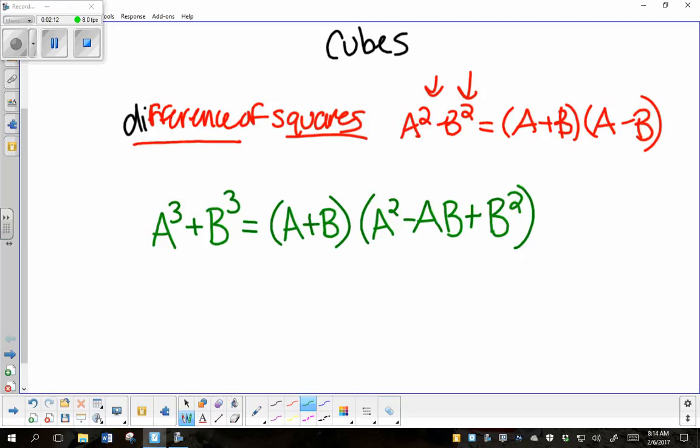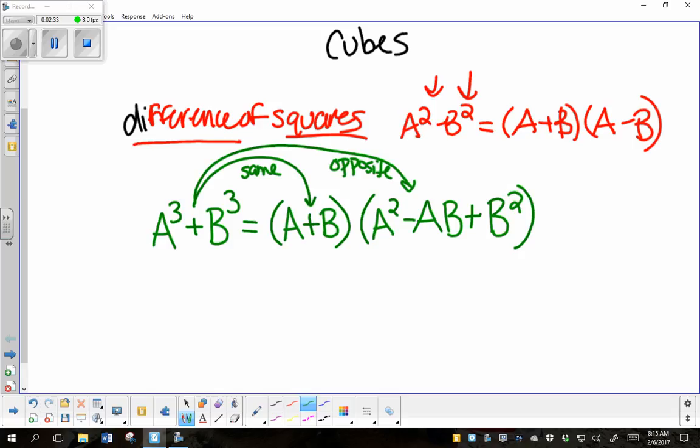So two things I always keep in mind are that this sign is the same as this sign. It's up to you if you want to write this or not. And this symbol is the opposite of this symbol. So that's how I keep my signs straight when I try to remember this.